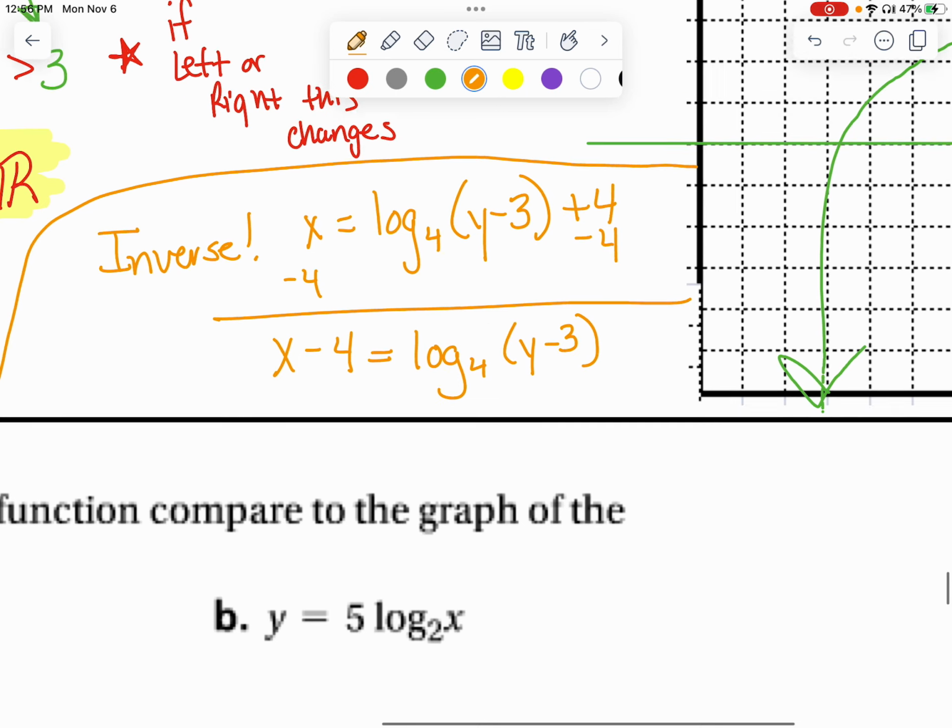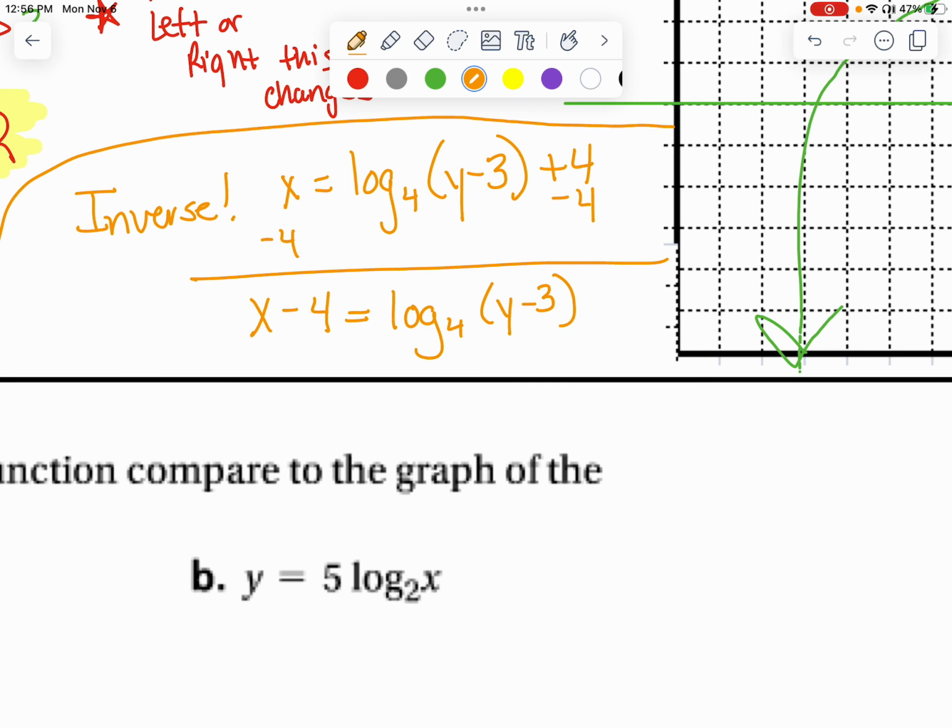Now we have to untrap y, so we have to switch it to exponential form. So my base is this 4 that I highlighted. I'll highlight it in yellow. So here's my base of 4. This becomes my exponent, x minus 4, and that will equal the y minus 3 that was trapped.